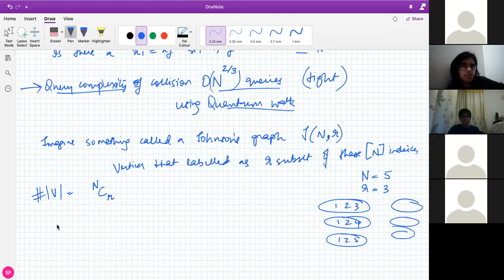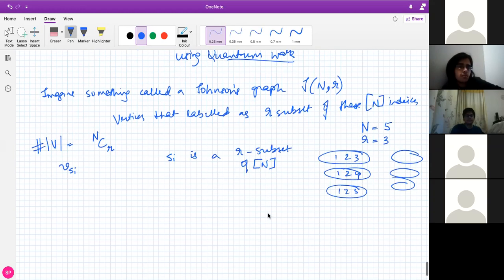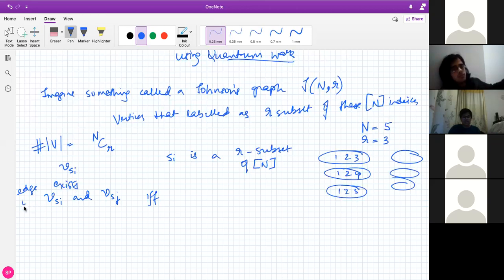Let me put it this way. I'm going to label every vertex with a set Si, where Si is an R subset of N. I'm going to put an edge between Si and Sj if and only if they have exactly R minus 1 elements in common.